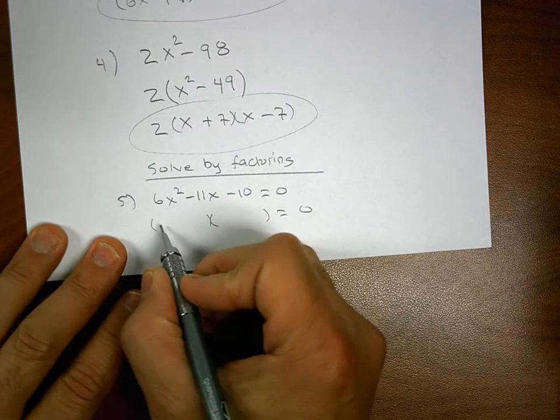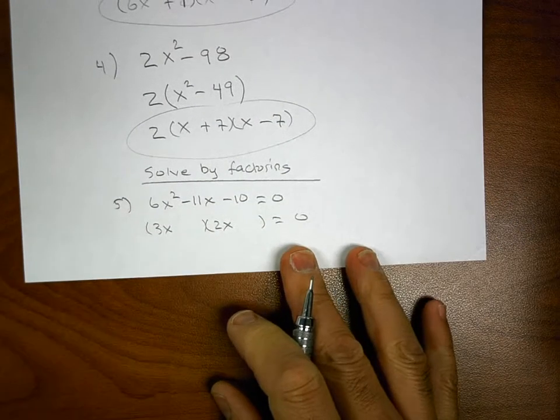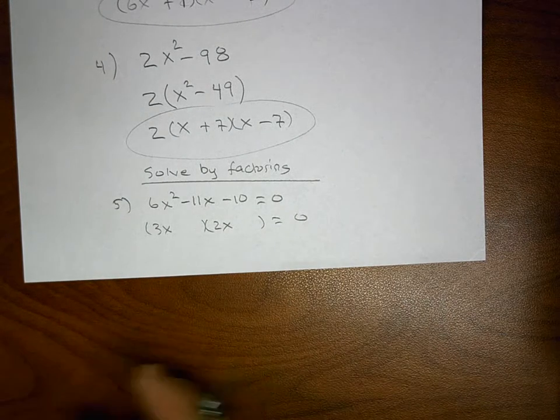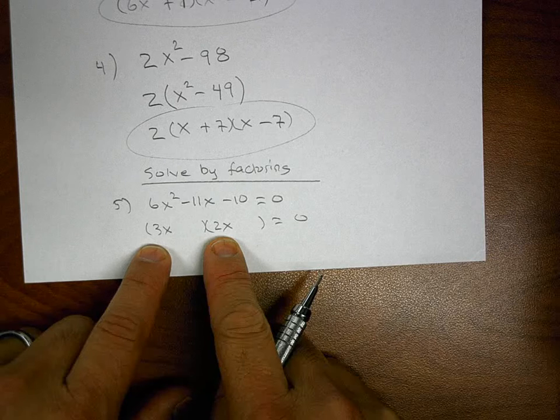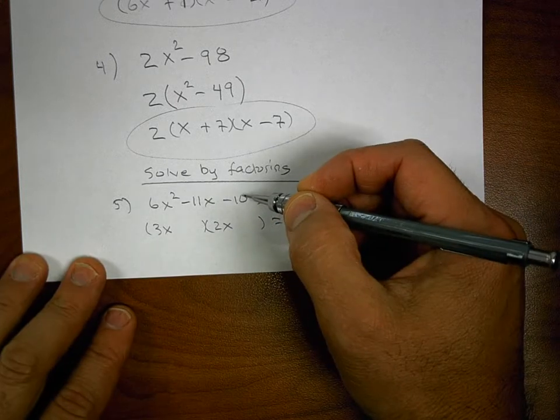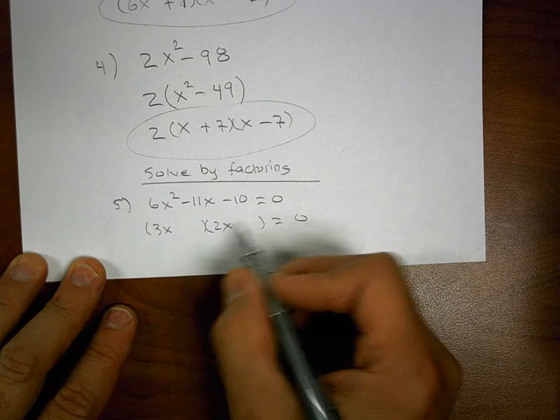I'm going to guess 3x and 2x. That's my guess. 3x and 2x to get 6x. I could be wrong. I'll just take my eraser and erase it. Okay, so that's 6x squared. Okay, what times what is 10? 2 and 5. Okay, so should I put 2 there, 5 there, or does it matter?